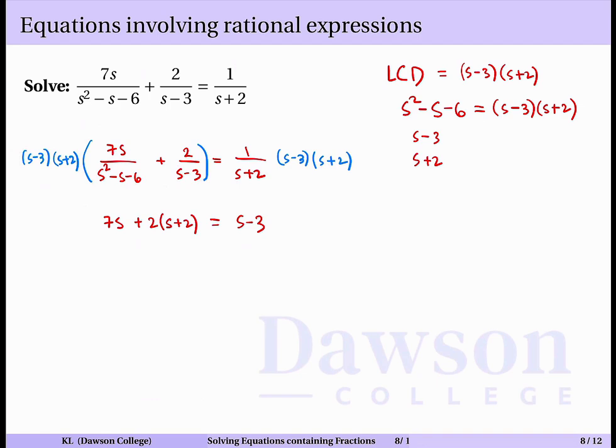So now we are just left to solve this equation. We have 7s plus 2s plus 4 equals s minus 3. Then we will have 9s minus s equals minus 3 minus 4. And then we will have 8s equals minus 7, or that s equals negative 7 over 8.